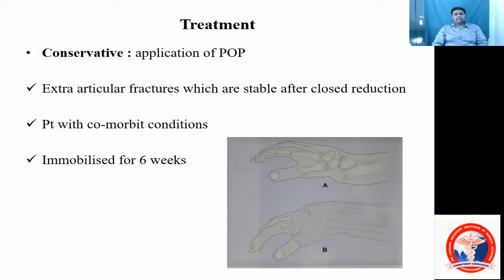This is mainly used in old age people where the comorbid condition will not allow the patient to undergo a surgery. And also for extra-articular fractures which are stable after closed reduction, meaning the fracture is held in the reduced position. It does not slip. It is not unstable. So any extra-articular fracture which is stable after closed reduction, you can treat conservatively.